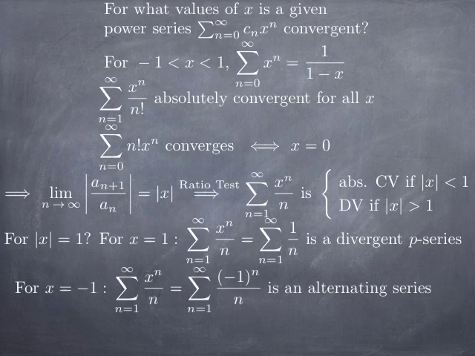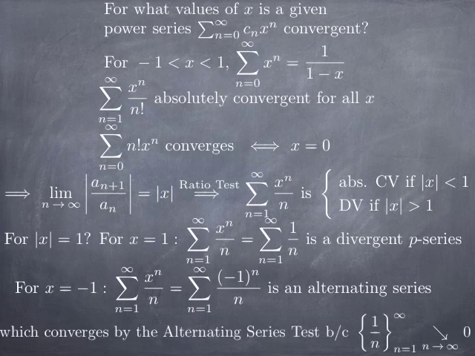On the other hand, for x equal -1, if I plug that value of x inside my series, I get the series of -1 to the n over n, and that's an alternating series, where the sequence of absolute value of the general term is 1 over n, which is a decreasing sequence with limit 0, and therefore by the alternating series test, it is a convergent series.